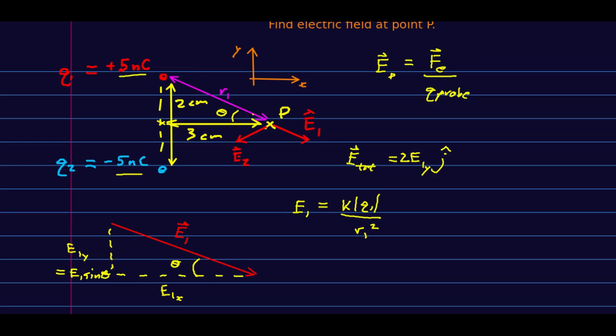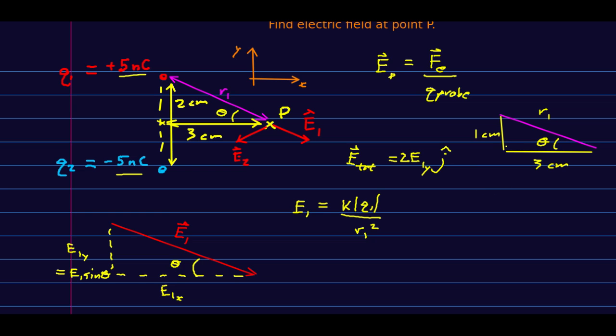If we just pull this R1 out here, once again, this is theta, this is R1, this is 3 centimeters, and this is 1 centimeter. This is 2 centimeters between the charges, and so down to here is 1 centimeter.